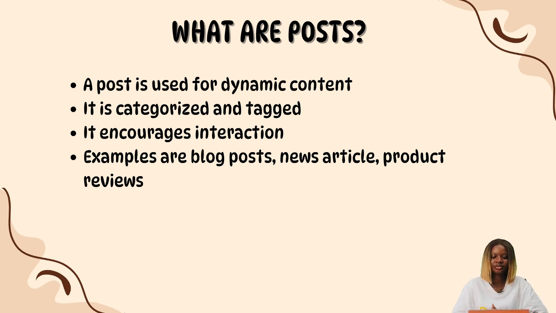You can categorize your post. You can tag your post too. It encourages interaction because once you've published a post, visitors will be able to drop some comments under your post. An example are your blog post, your news article, your product reviews.